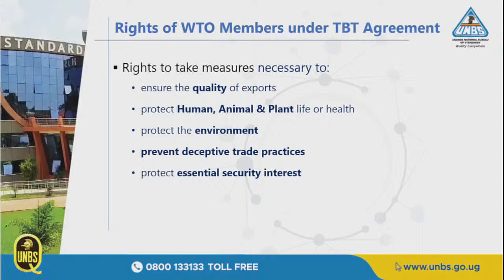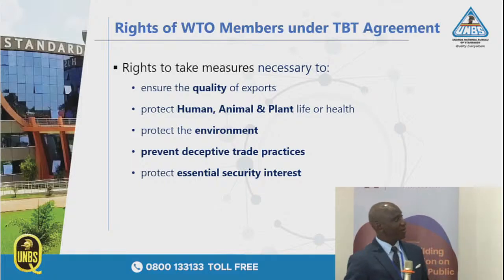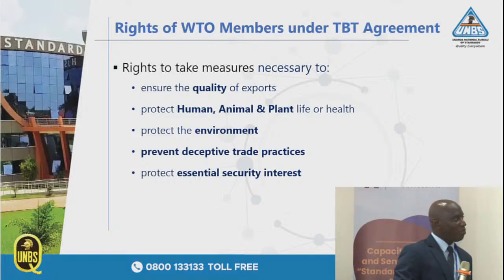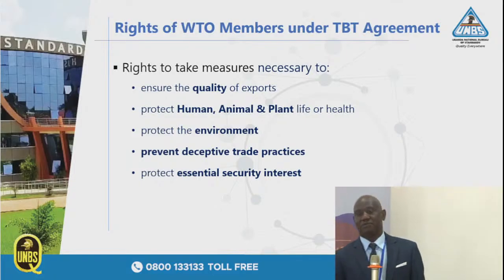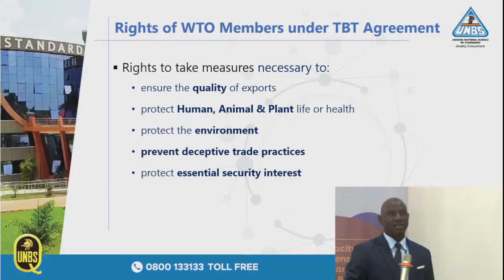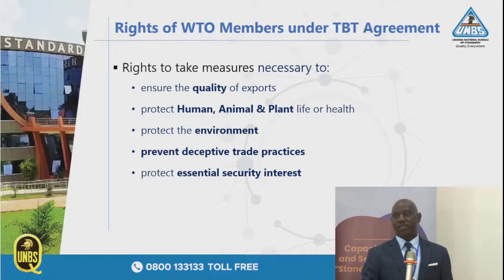It gives members the right to take measures necessary to ensure the quality of their exports, to protect human health, animal health, and plant life or health, to protect the environment, to prevent deceptive trade practices, and also to protect national security requirements.